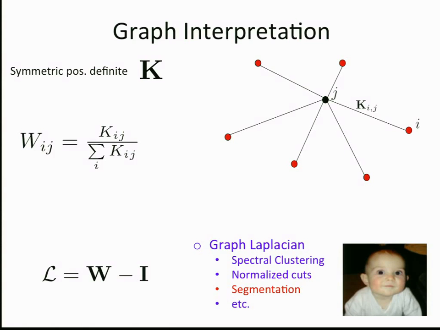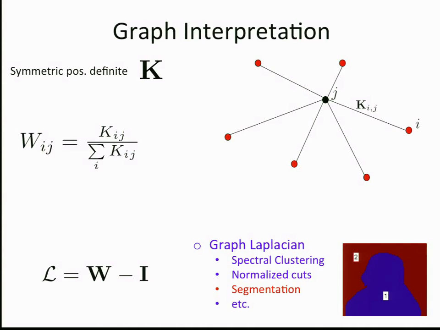So if you have an image like this, you can in fact use the structure of the graph embedded in this W to segment this image in two pieces. And now you can selectively apply your, let's say, denoising filter to the different segments. Right? So you don't need to really have a separate segmentation algorithm. Once you've got the matrix W, or equivalently the Laplacian, you've got what you need for doing segmentation and denoising at the same time.